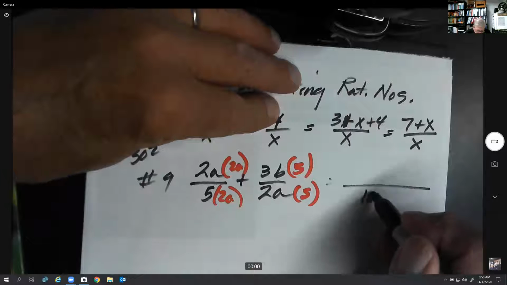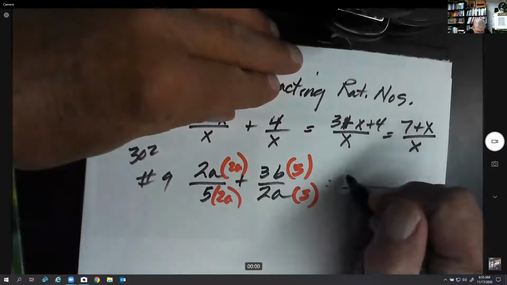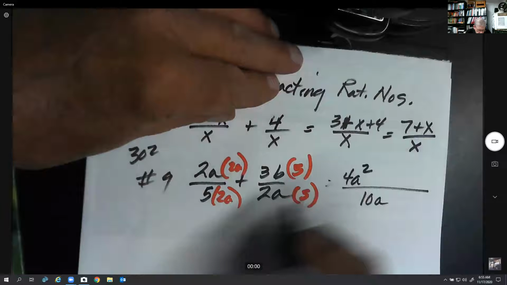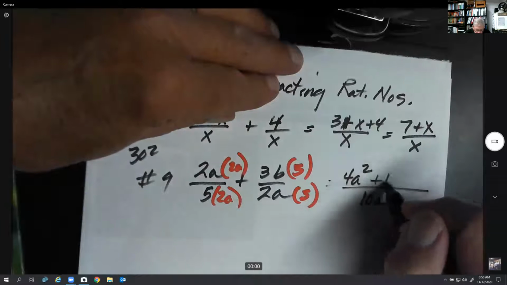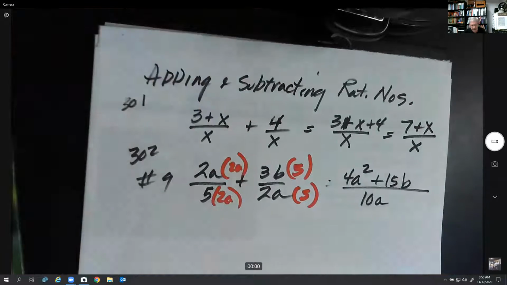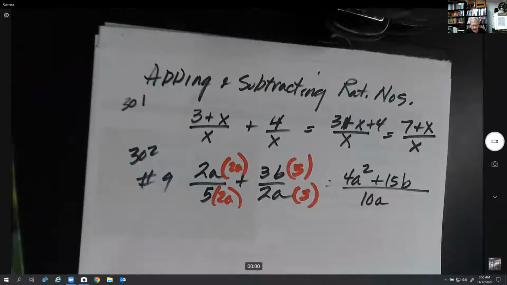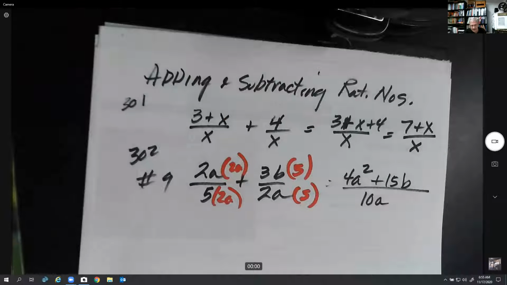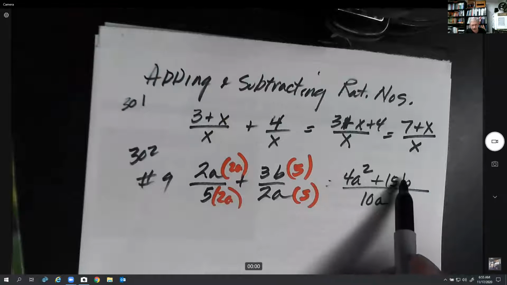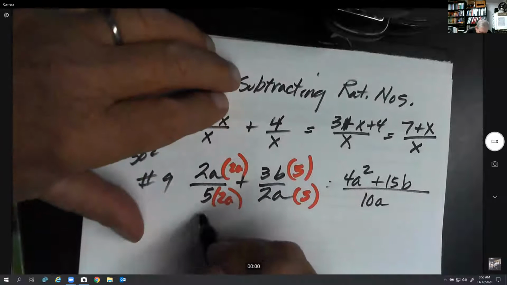I'm going to put 10a down, and now I'm going to see what my numerator is. 4a squared times those together, and then plus 15b. And there's no way I can really add those together. There's nothing I can factor out to kind of reduce it down. So if you can't factor it, you can't cancel it. You have to be able to factor, then cancel. So this problem cannot be reduced. Okay, that's one way to do the problem.